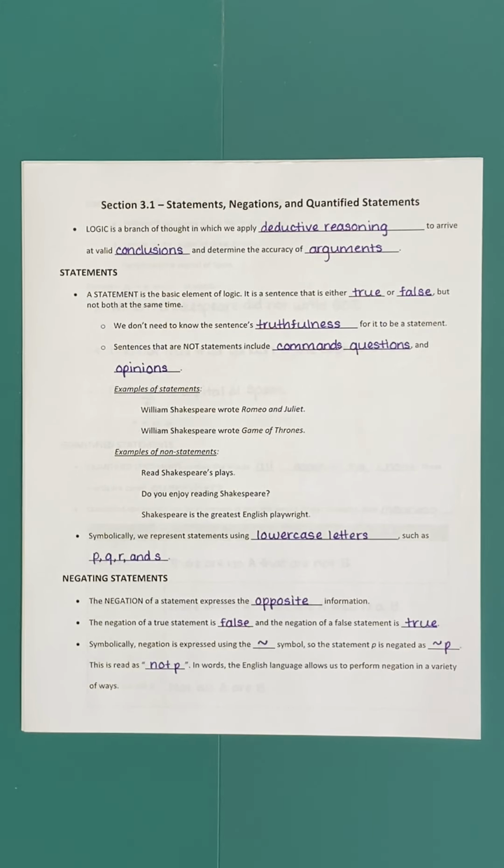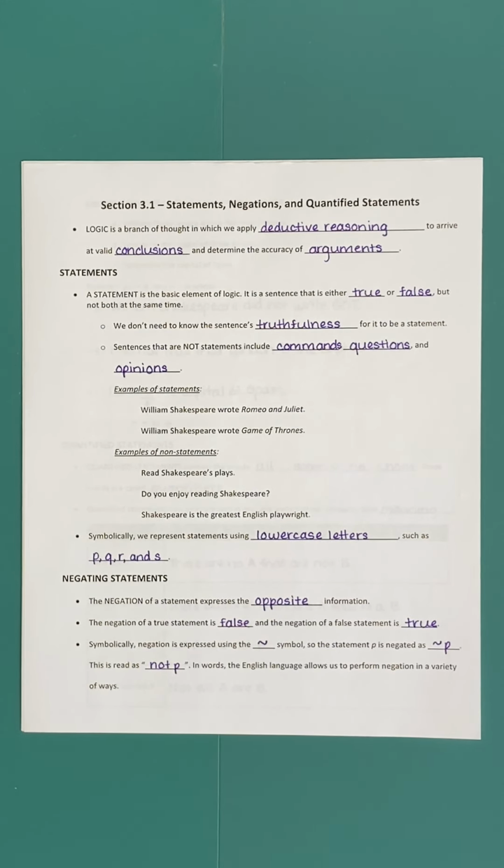So when we're talking about a statement, it is going to be represented using a lowercase letter, and the ones we tend to use are going to be P, Q, R, and S. That's arbitrary. It really could be anything, but those happen to be the letters that we use frequently. So we can express a statement, which again just expresses an idea that's either true or false.